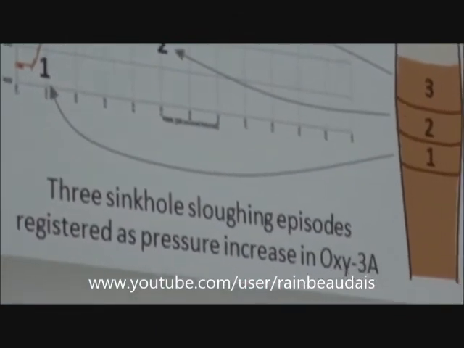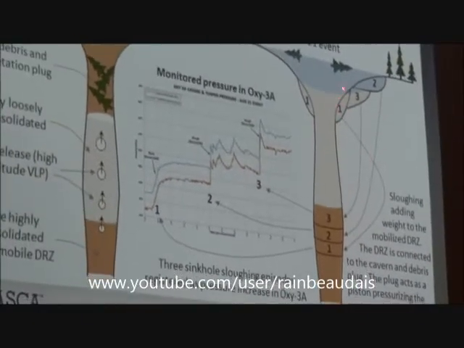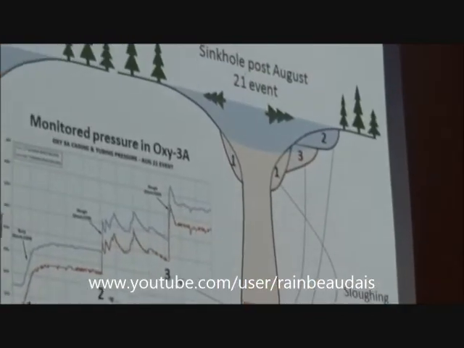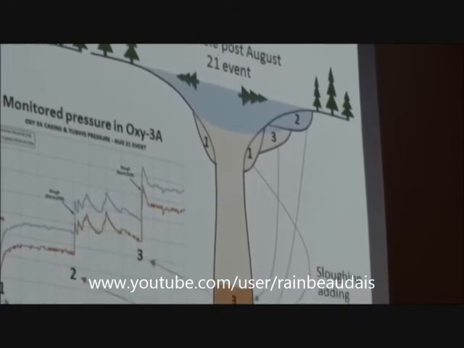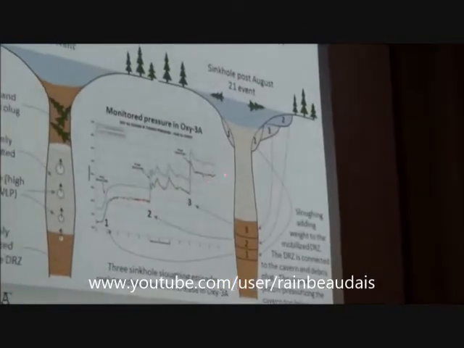So you get these 3 responses as you get 3 slides. We had one slide that went in, and then a second slide and a third slide. And what this does is it adds weight onto the disturbed rock zone that is then connected through to the cavern. So you get this pressure response.